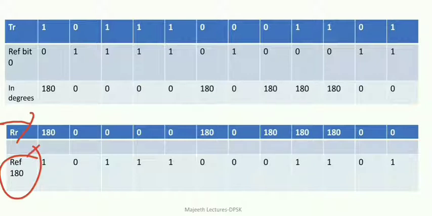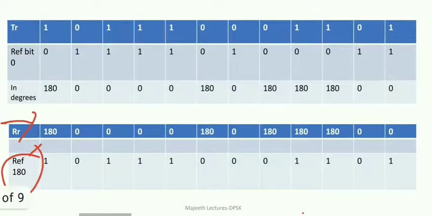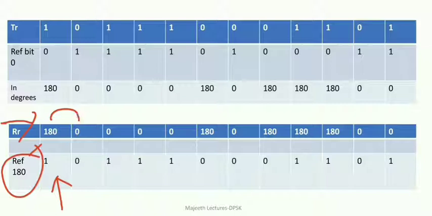You compare adjacent signals. If there is no phase difference, you put 1. If there is a phase difference, you put 0. So you compare the reference with the first received signal, 180. Both have the same phase, so the phase difference is 0, so you put 1.